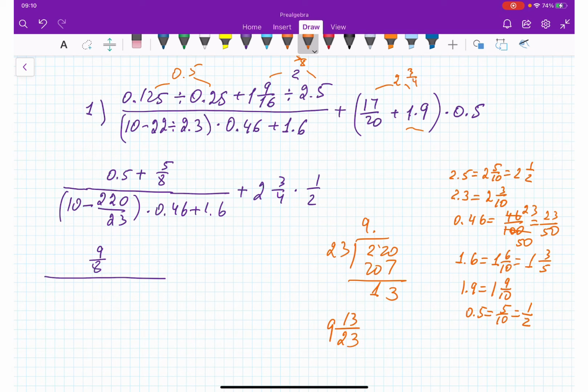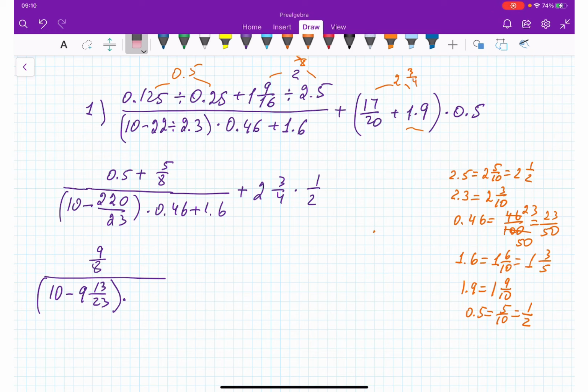So 10 minus 9 and 13 over 23 times 0.46. Let's convert it because we are going to use simple fractions. We already know, did we use it? Yeah, we have 23 over 50. It's right here. So it's going to be times 23 over 50 and plus 1.6.